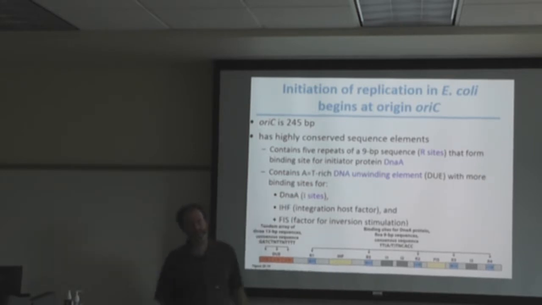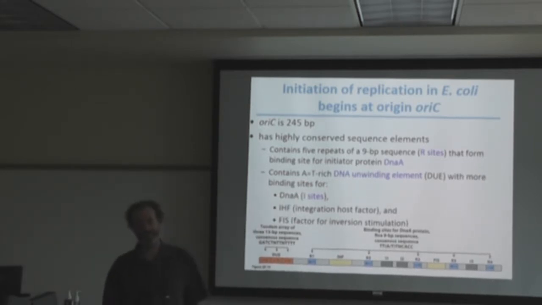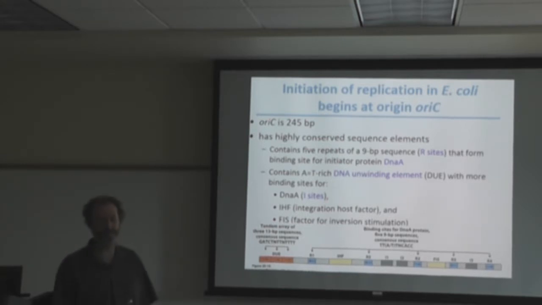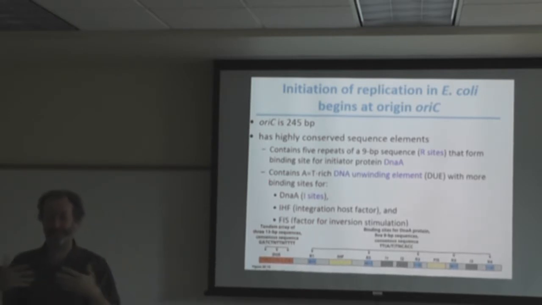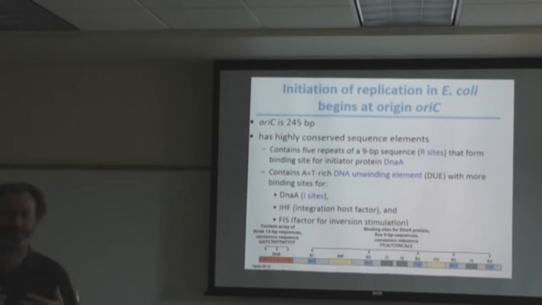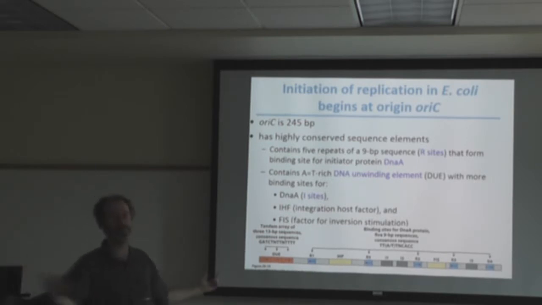Why not just CGs? Yeah, hydrogen bonds. The base pairing between A's and T's only has 2 hydrogen bonds versus 3 between C's and G's. So it's a site that's easier to unwind, right?